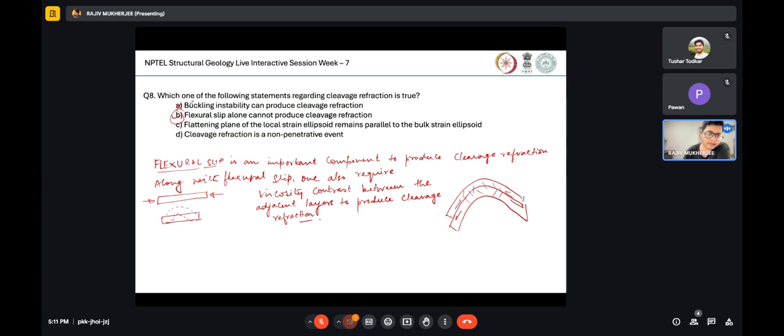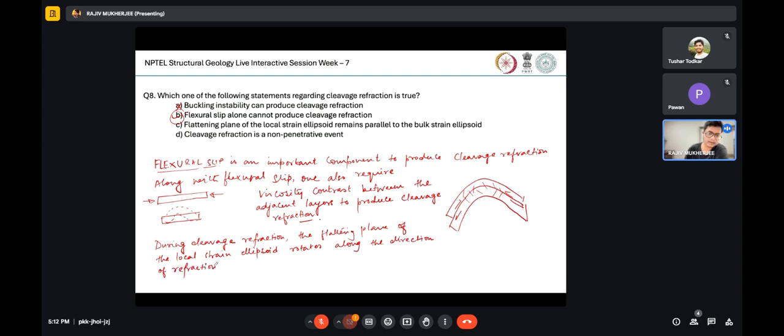So option B is correct, because during the cleavage refraction, the flattening plane of the local strain ellipsoid rotates along the direction of refraction, and does not remain parallel with the bulk strain ellipsoid.